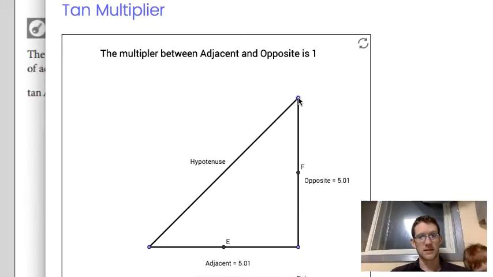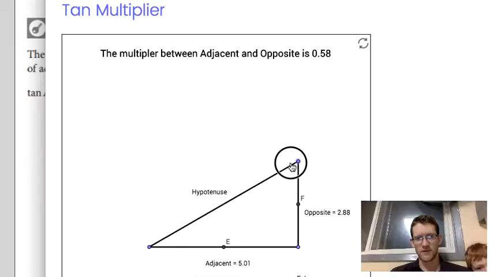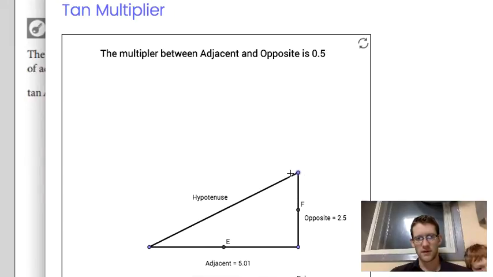We can adjust this. As I start to bring this down, the value of the tangent of angle A should change, right? So if I click on this, I can bring this down. Let's bring it down to close to 2.5 and see what happens. So okay, I'm at 2.5. So now the tangent of angle A is equal to the opposite over adjacent. What's 2.5 divided by 5?